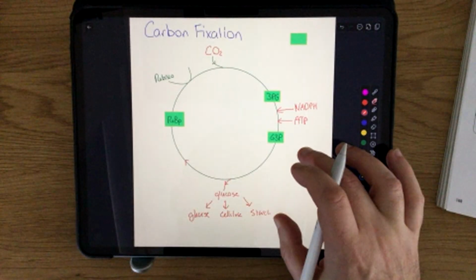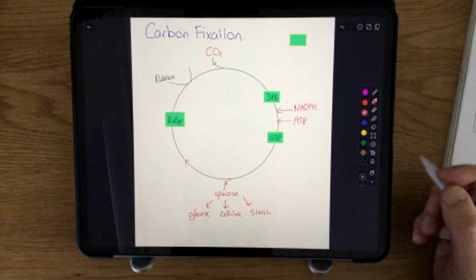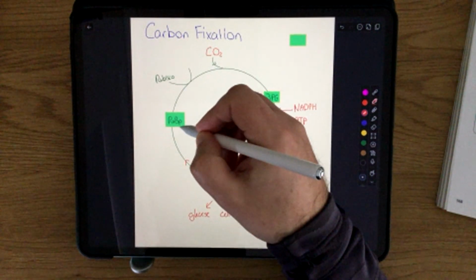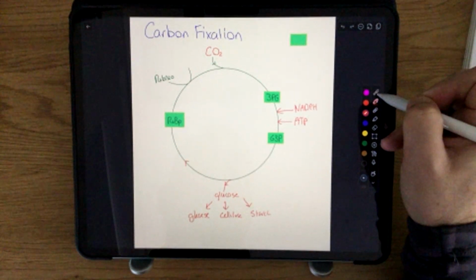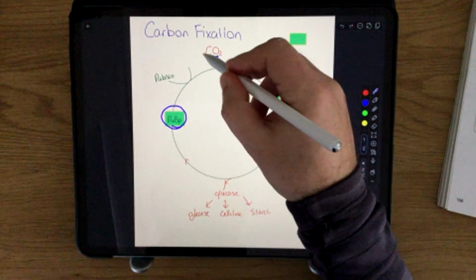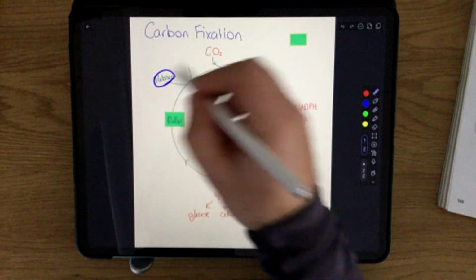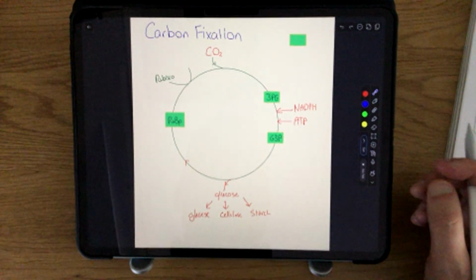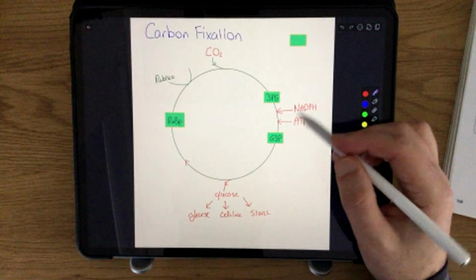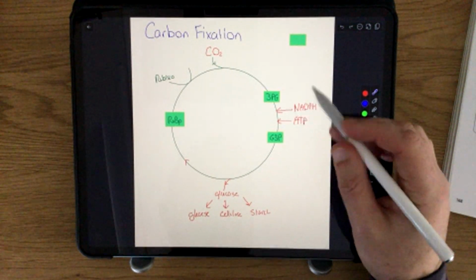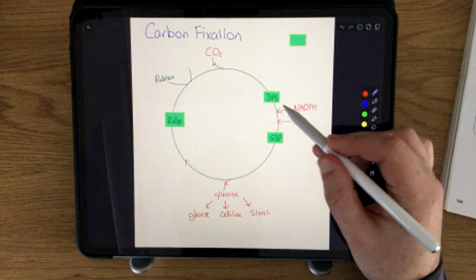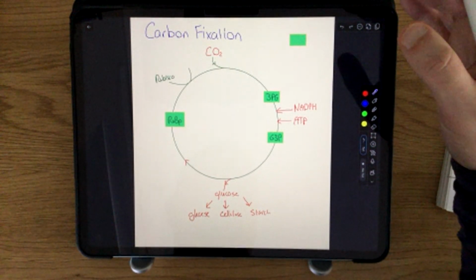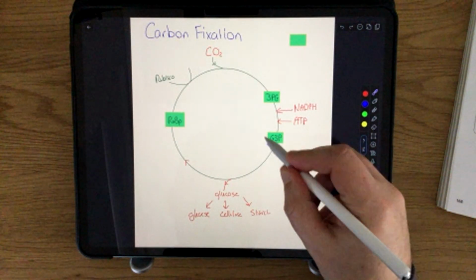It's not difficult, but there are a few things that you need to be wary of. So from the top: RuBP fixes CO2 via the enzyme Rubisco to create 3PG. That's pretty much the first step. The second step is hydrogen from photolysis is brought to 3PG, entering the cycle alongside ATP, also from photolysis, and it creates G3P.